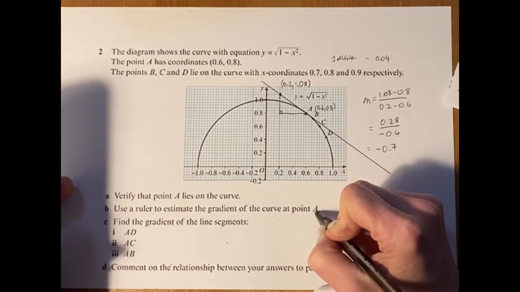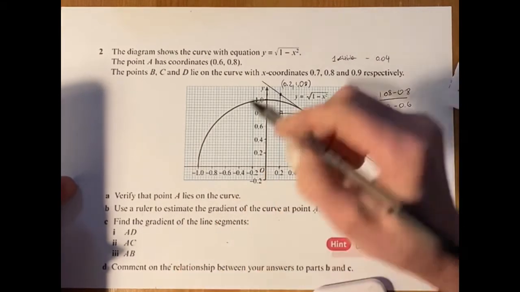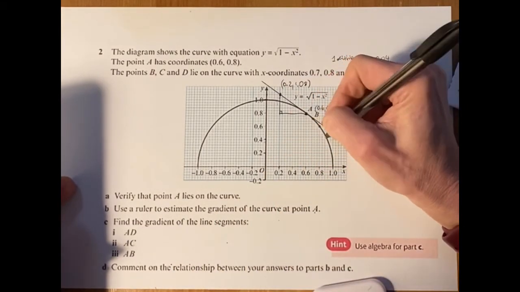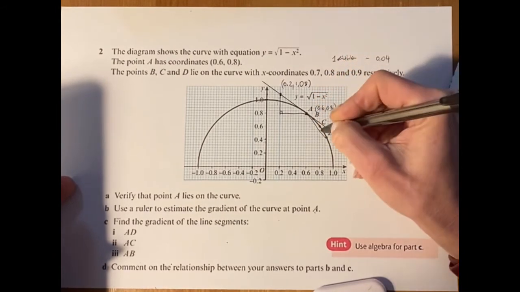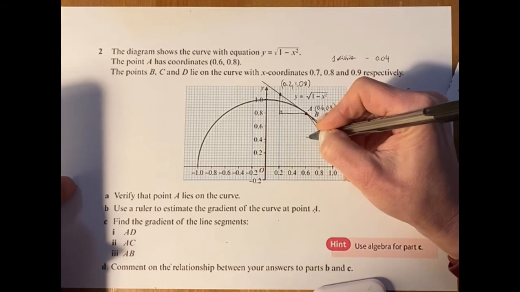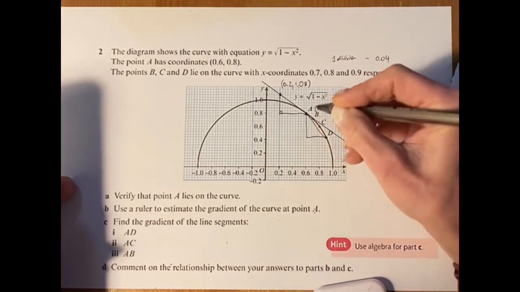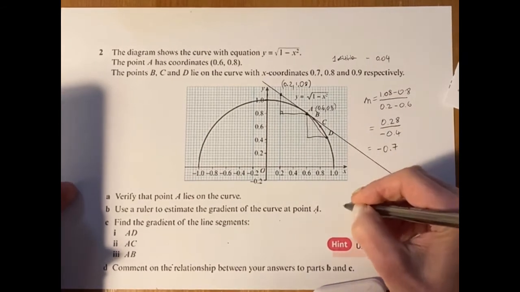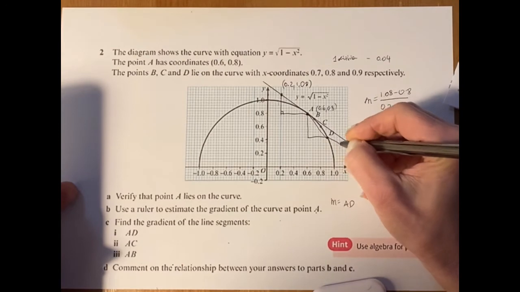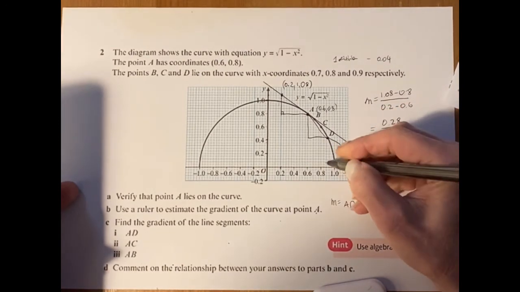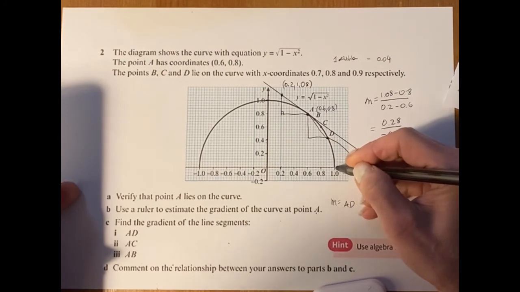Okay. And then when it says to find the gradient of the line segment AD, then you need to draw the line from A to D, like that, obviously using a ruler. And then, well, you could use the same method as here. So for AD, point D will have the coordinate x as 1, 2, 3, 4, 5.